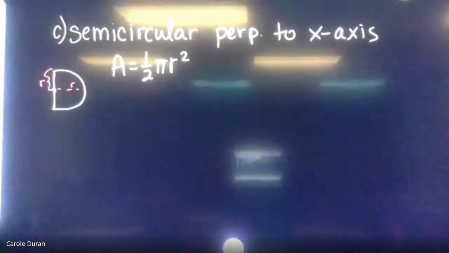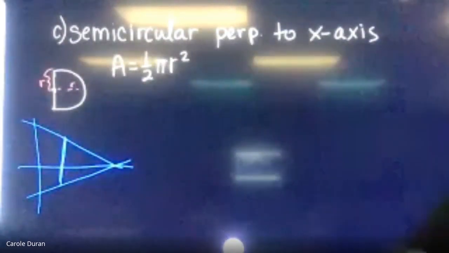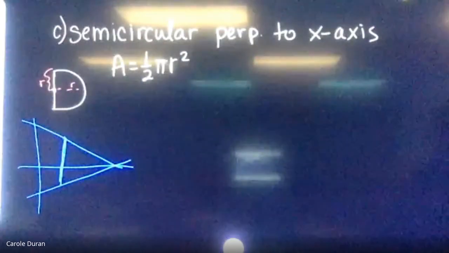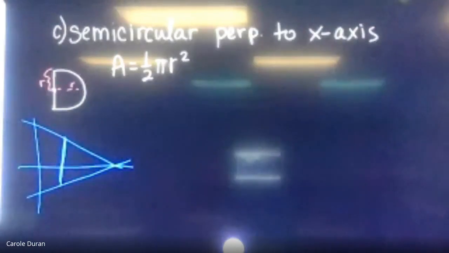So the ultimate question is, how do I find that radius for my circle at any given x value? It comes from this cross section. How did we do it for the square?